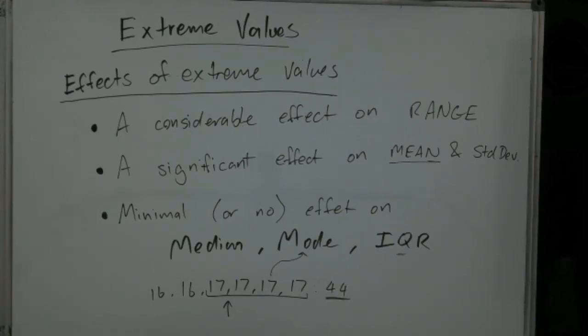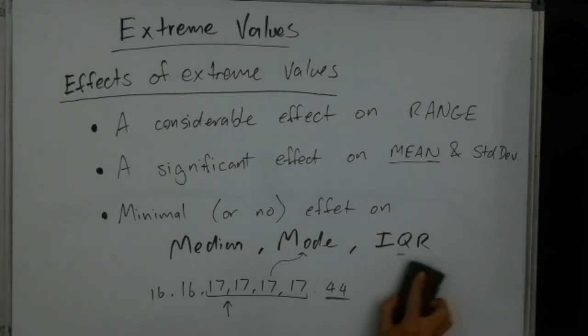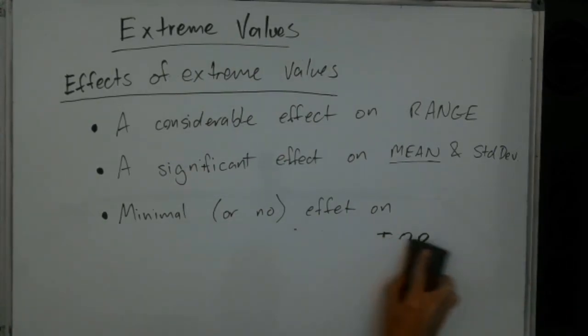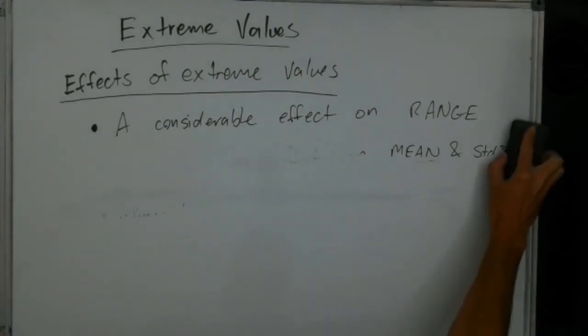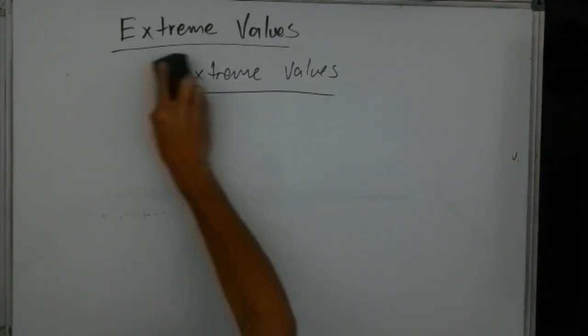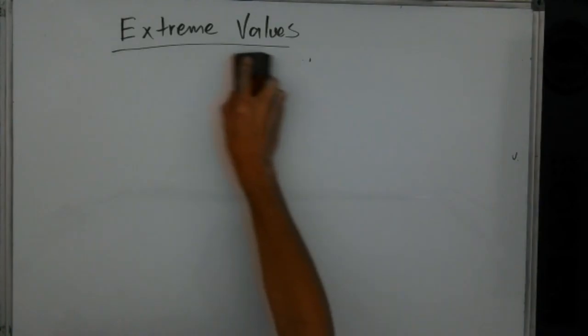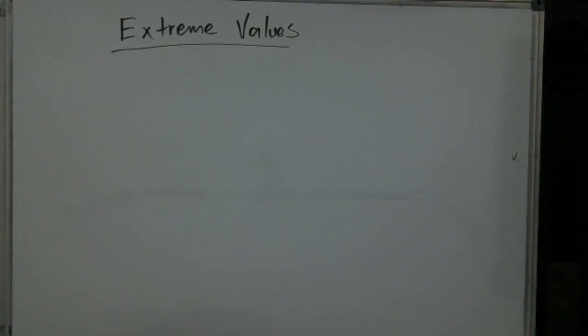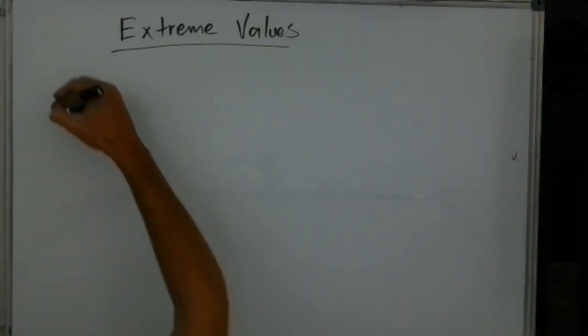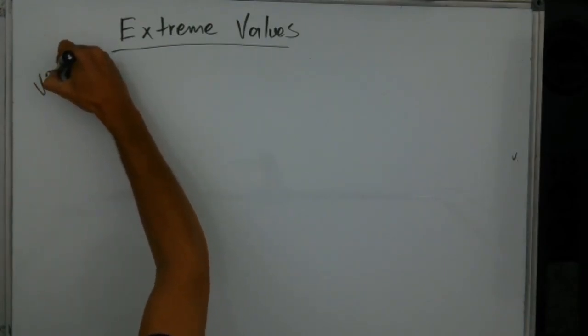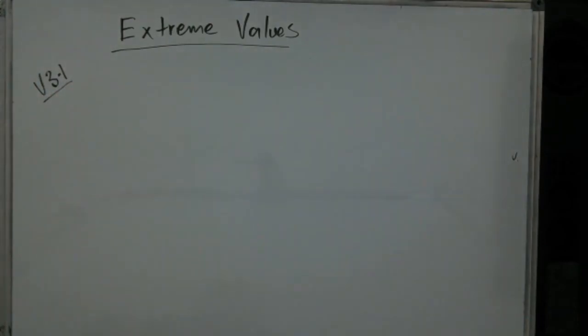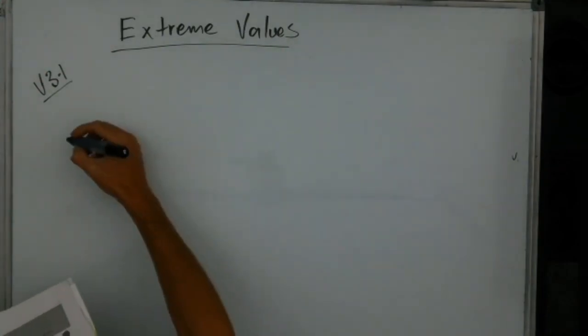Okay, so let's do this example, and when we're talking about this type of data analysis, this is what I would call a classic example. So this is V 3.1. Okay, so let's just try and draw this table.